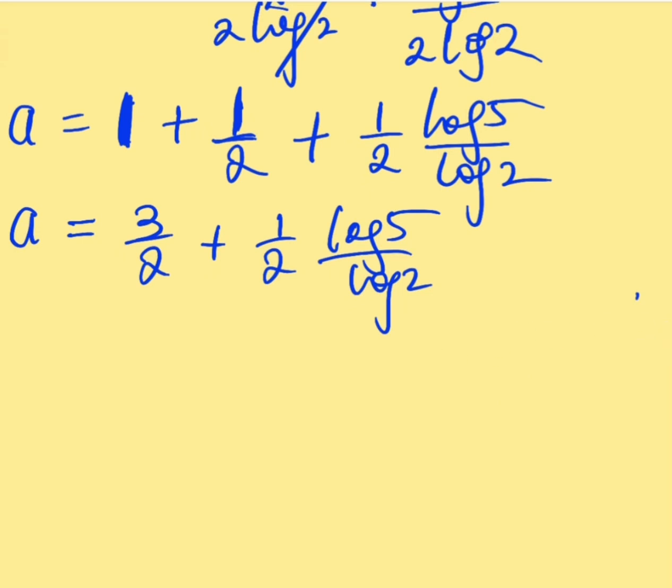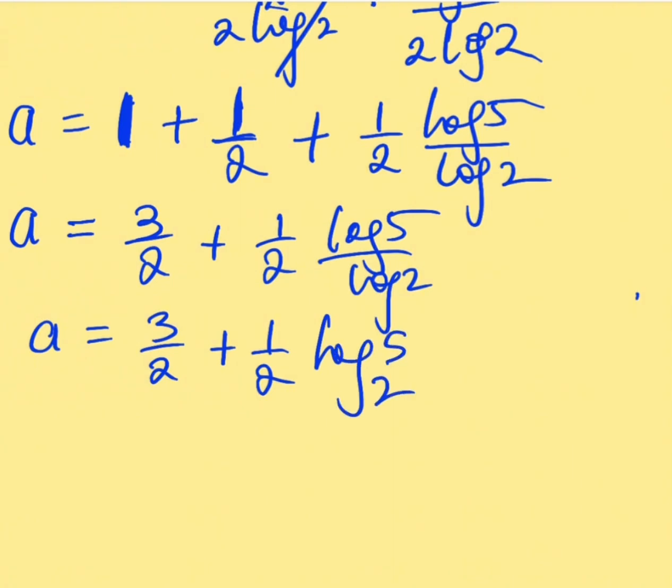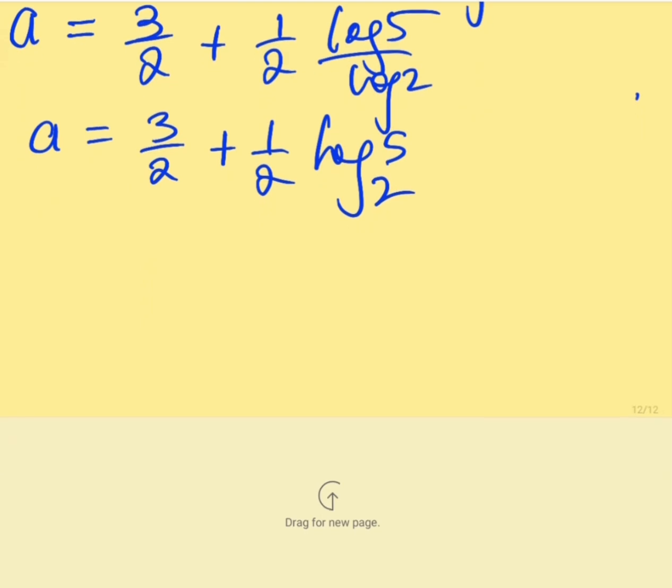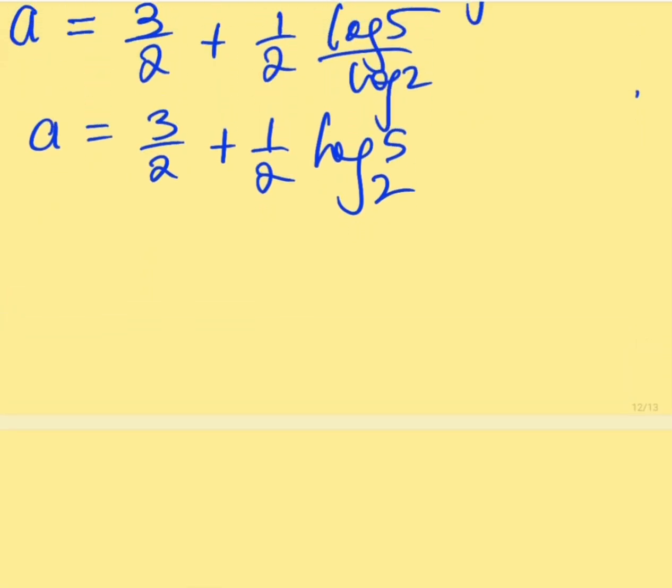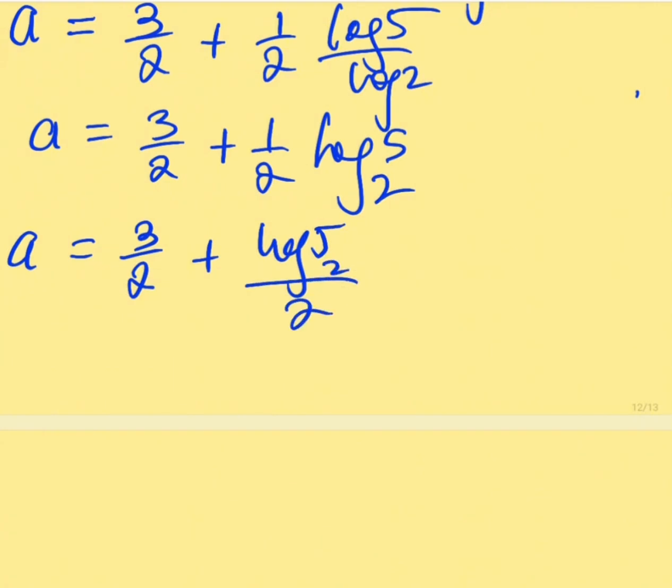Since I have log 5 over log 2, I can break this down as 3 over 2 plus 1 over 2 log 5 base 2. Instead of writing it as log 5 over log 2, I can call it log 5 base 2, okay? So now, this can also be written as A is equal to 3 over 2 plus log 5 base 2 over 2 because of the half.